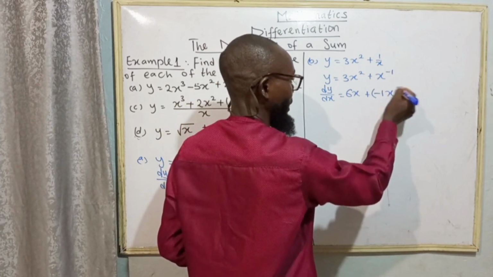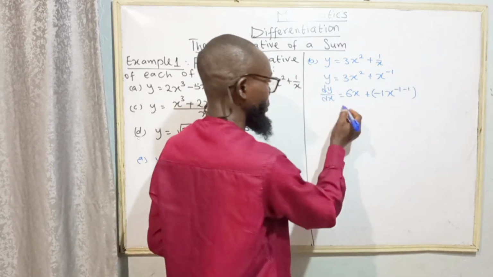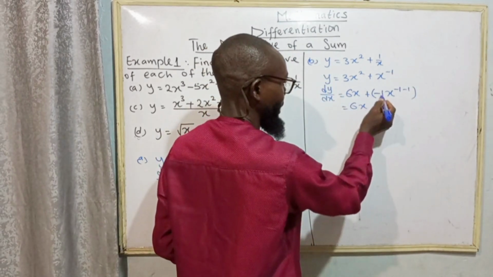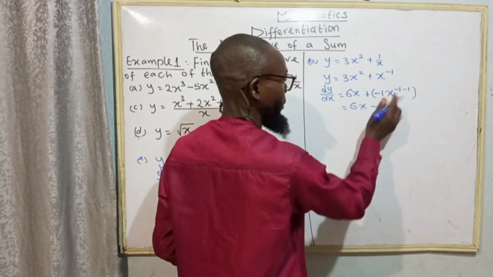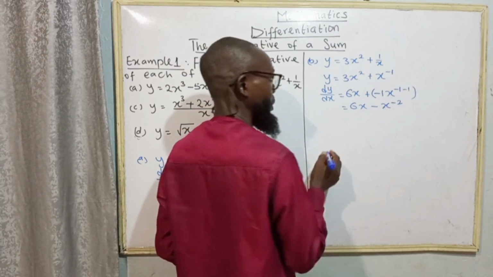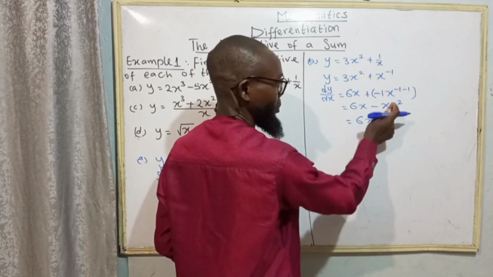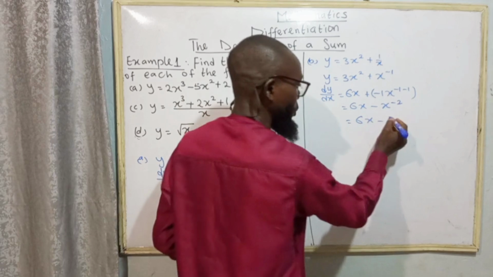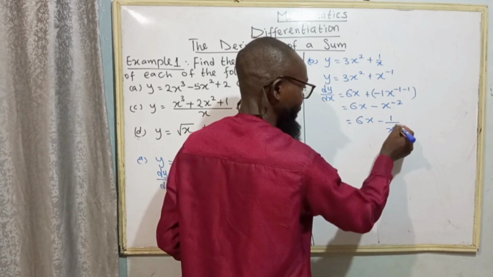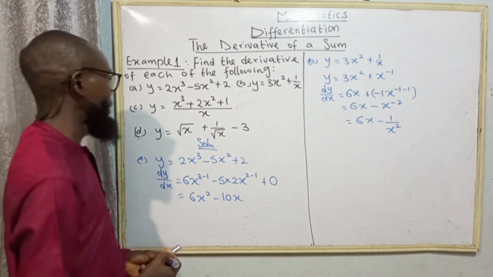Then x to the power minus 1 minus 1. We are going to subtract 1 from the power. So here we have 6x, plus and minus, we have minus. Then we have x to the power minus 1 minus 1, we have minus 2. So we have to take this back here. So we have 6x minus, so this negative power will change to 1 over x squared. So that's the derivative of this.